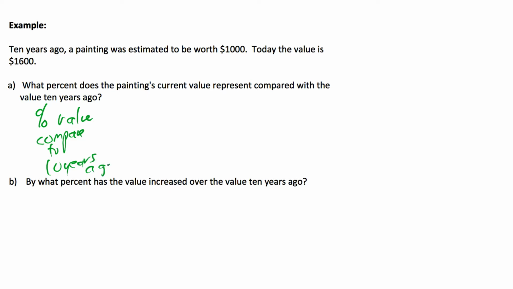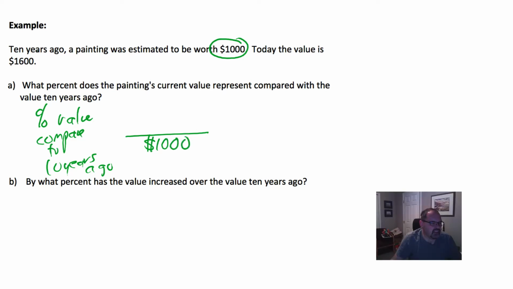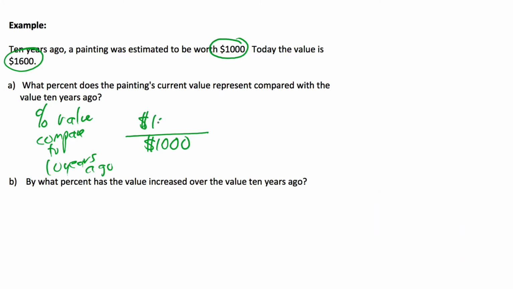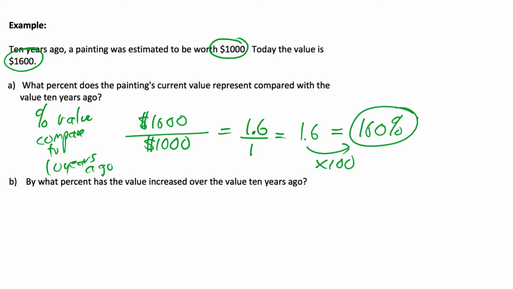In other words, what this question is telling us is that our original or base amount is the amount 10 years ago, which is 1,000, and our value today is 1,600. So if we decimalize that number, we're going to get 1.6, which is 1.6 out of 1. In other words, 1.6 is the decimal, which means the percentage is multiplying that by 100, 160%. In other words, the painting is 160% of its original value.